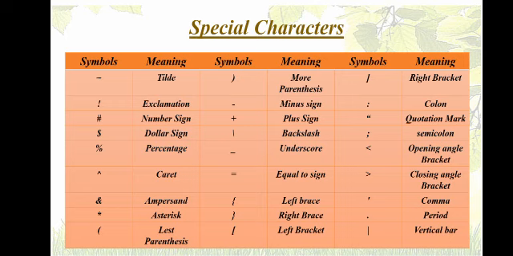Then left parenthesis, right parenthesis, minus sign, plus sign, backslash, underscore, equal sign, left brace, left bracket, right bracket, colon, quotation mark, semicolon, opening angle bracket, known as the less than sign, closing angle bracket, known as the greater than sign, then comma, period, and vertical bar. These are some of the special characters used in the C program, which are also present on your keyboard.